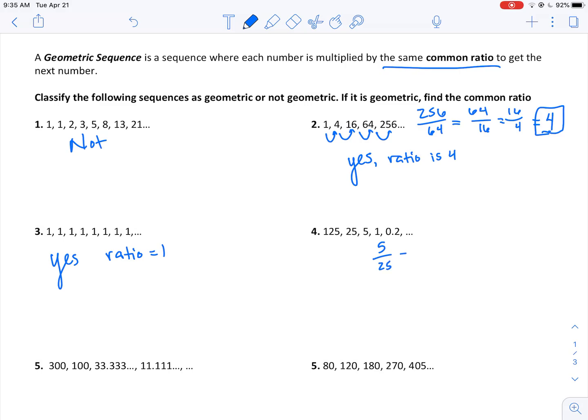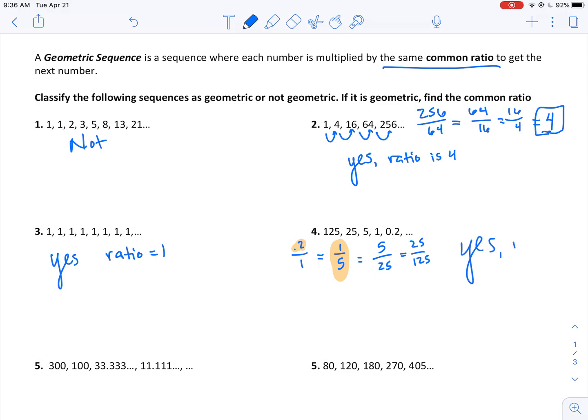And number 4, this is where this approach really comes in handy. So maybe you're not sure what you're multiplying by there. But we can always take 5 divided by 25 and see if that's the same as 25 over 125, and see if that's the same as 1 over 5, and see if that's the same as 0.2 over 1.